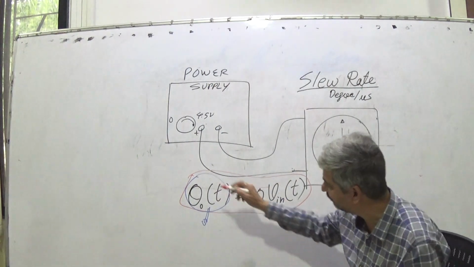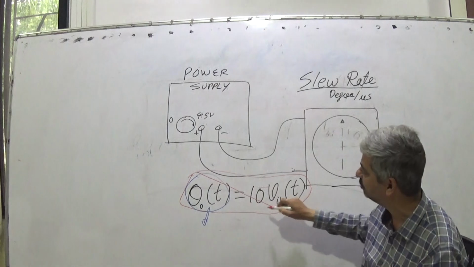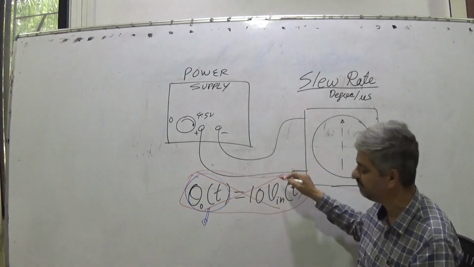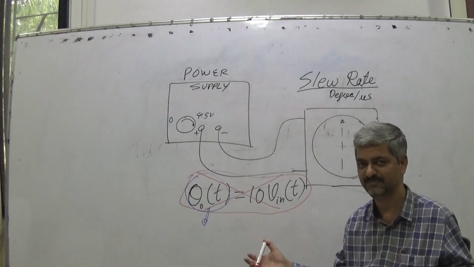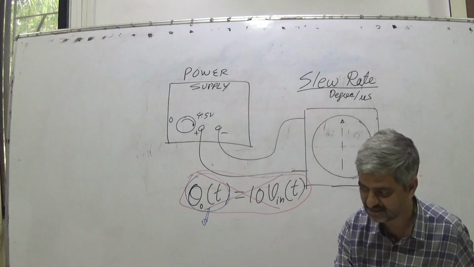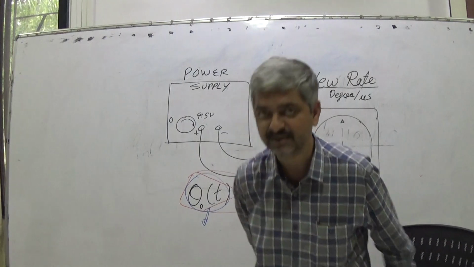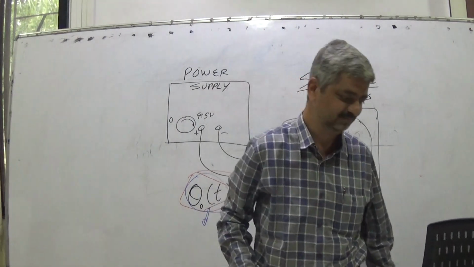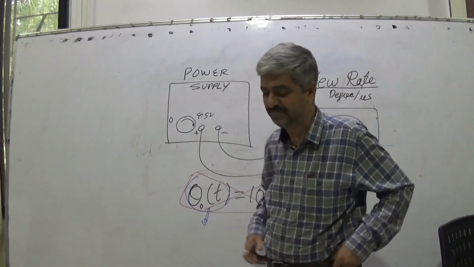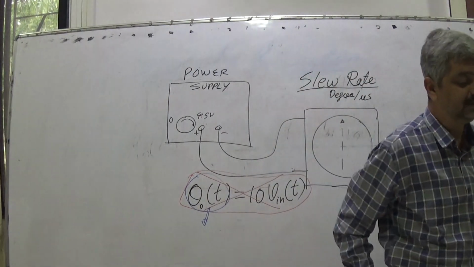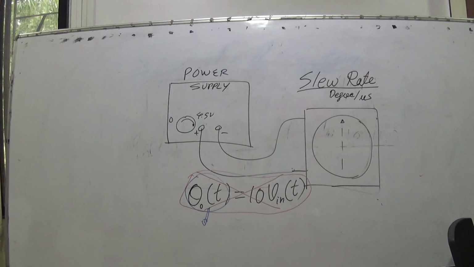So this equation is not a correct equation, because a correct equation must be valid at all times. You can't say that it is valid today and not valid tomorrow, or valid in this case and not valid in the other case. So obviously theta O(t) equals 10 into V in(t) is not a correct equation.